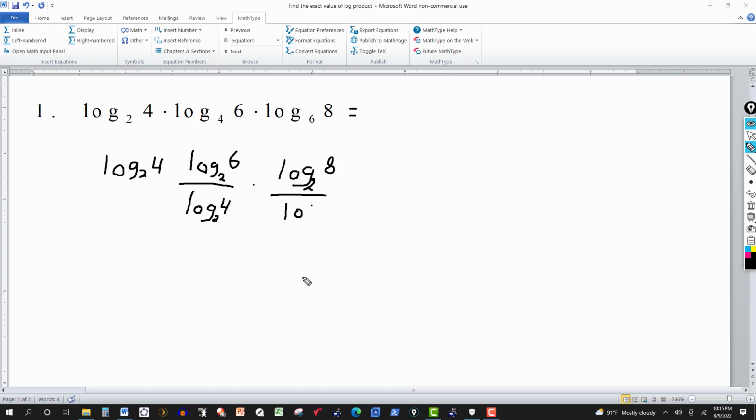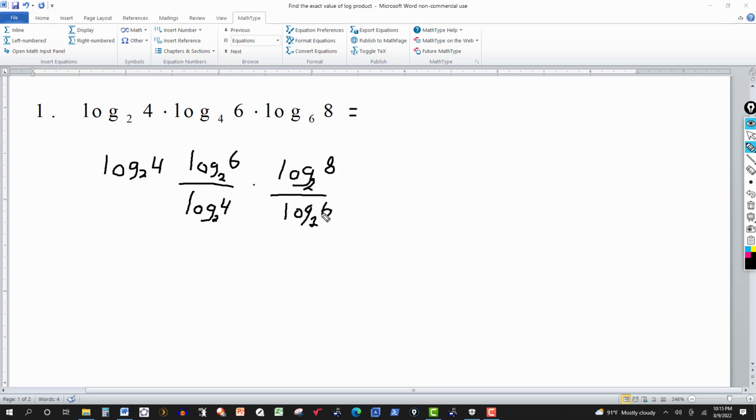And then this will be the log to base 2 of whatever this base was, which is 6 here. So I'm taking the log of 8 to base 6 and rewriting that, picking a new base 2. According to the formula, this will be the log of 8 again to the new base, over the log of this base here, 6.